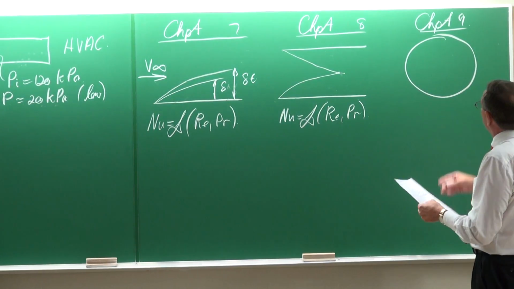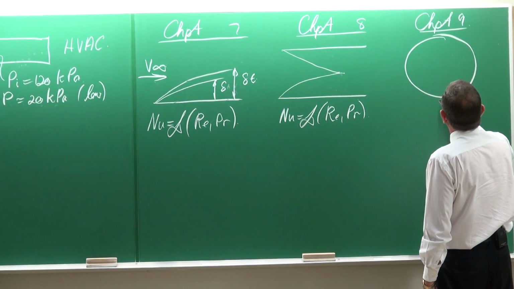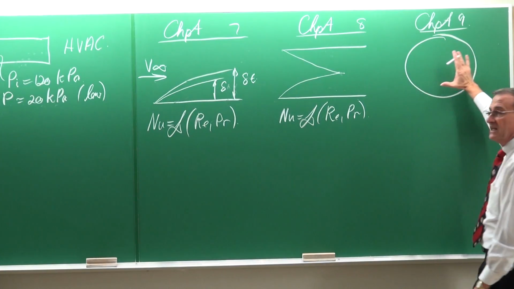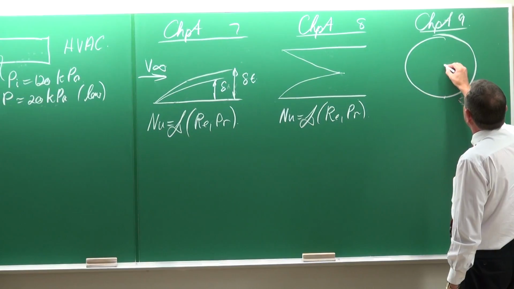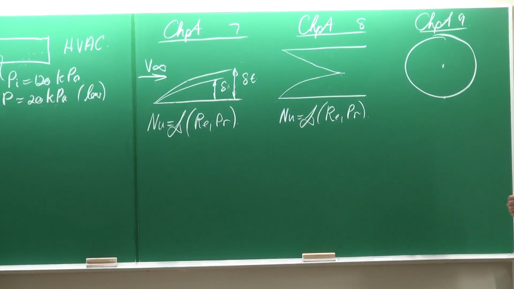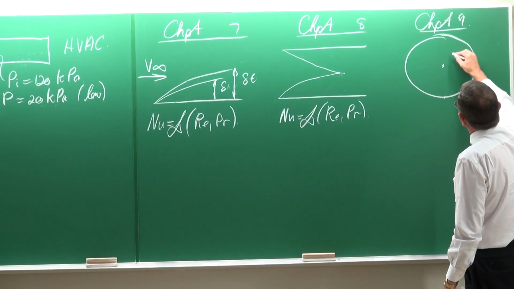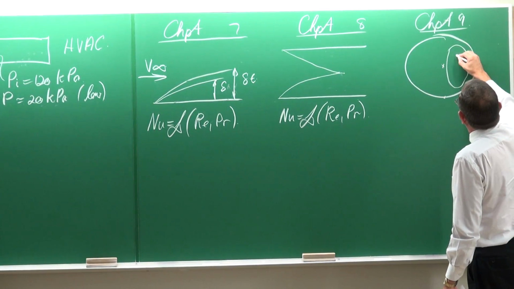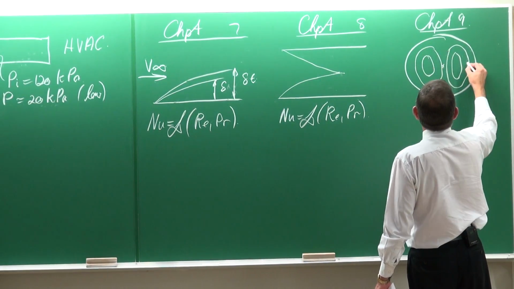And in natural convection, if this is a tube, then we are going to take into consideration that if there's heating or cooling, that there is going to be a temperature difference between the wall and the center. And that temperature difference is going to cause the flow to do something like that. We call that secondary flow.